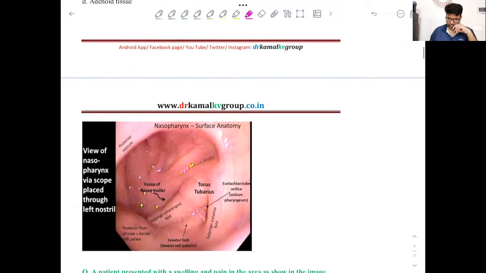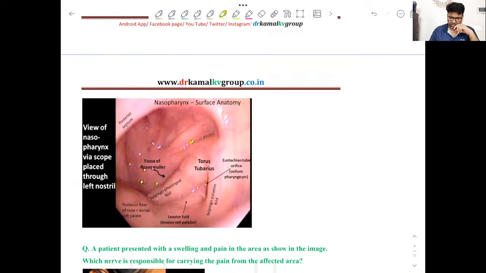So now you can take it on another side. Here you can see this is the opening of the Eustachian tube, right? So this is the Eustachian tube. Here you can see the fossa of Rosenmuller, and this is all torus tubaris.